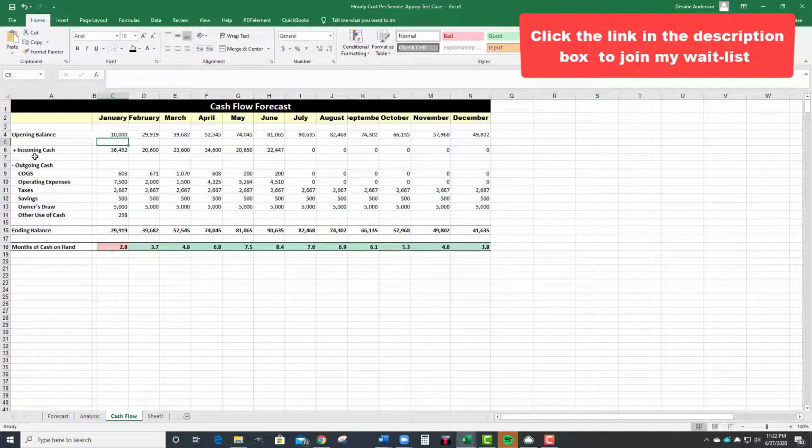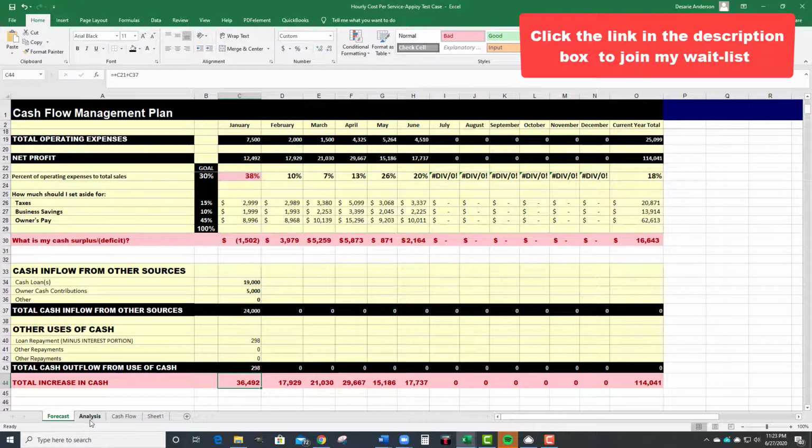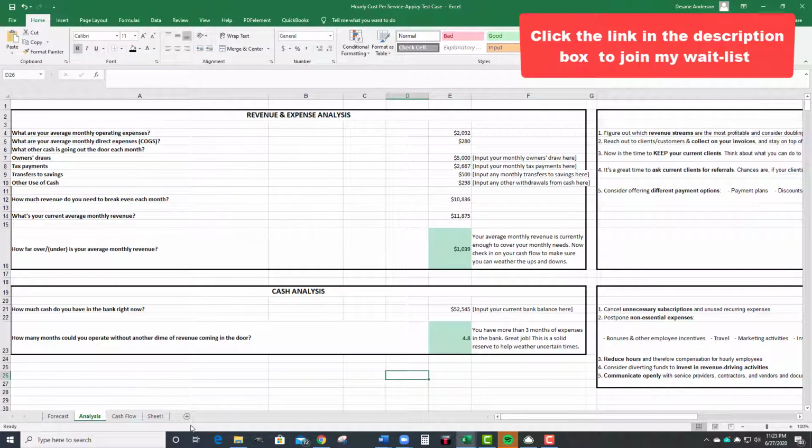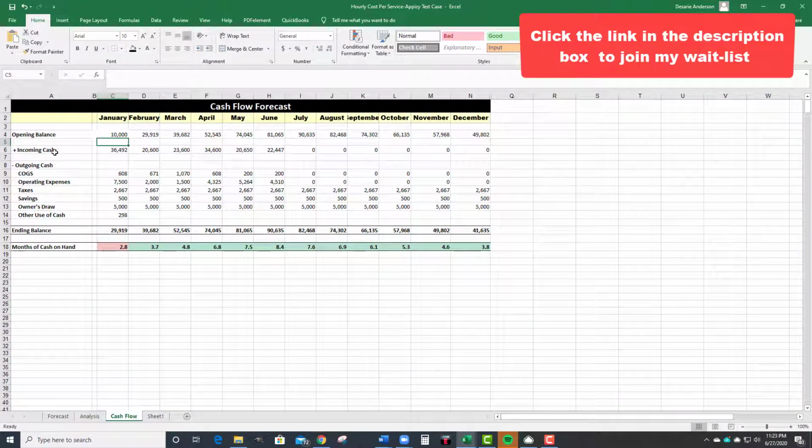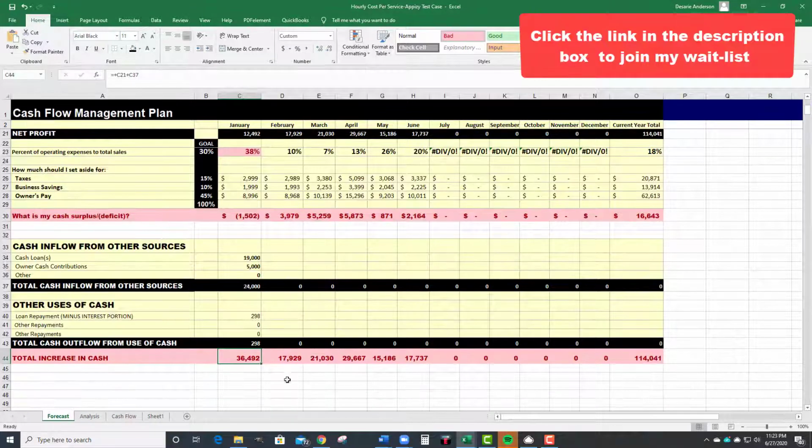And then how much cash came into your business? So this is just a snapshot of everything on the forecast tab and on the analysis tab. You had $36,492 come into the business, and that's right here where you see that on the forecast tab.